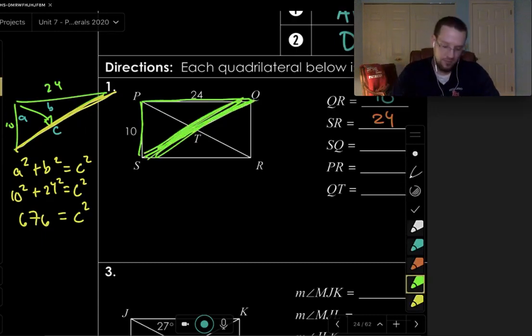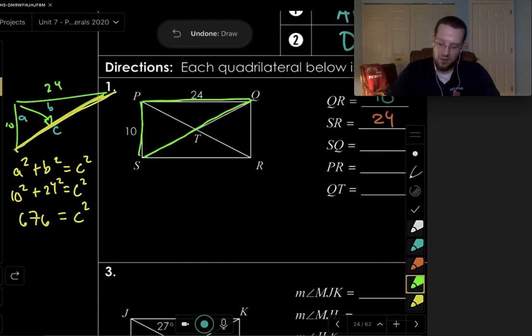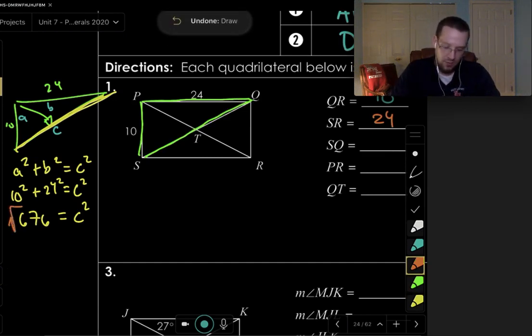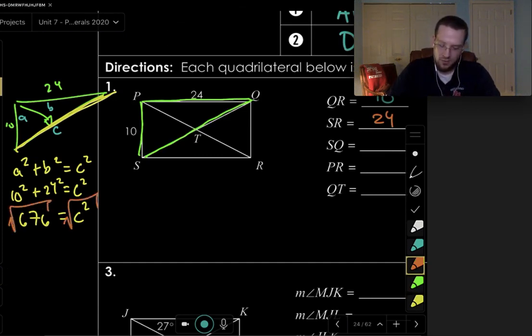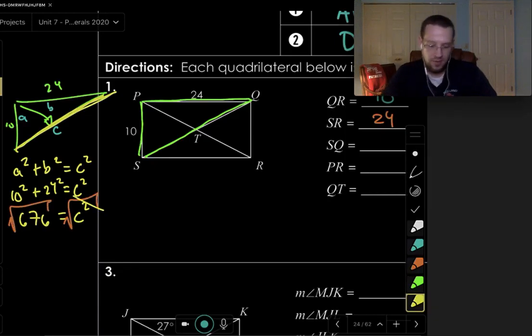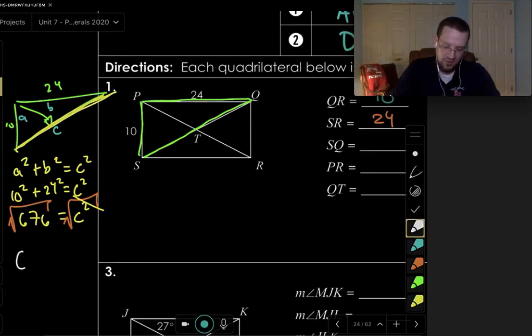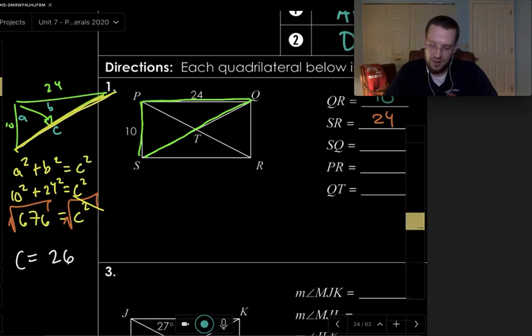That's too long. How do we get rid of the square? Well, we square root. Squares and square roots cancel out. So the answer to this question is actually the square root of 676, which we find to be 26. And so our measure here is 26.